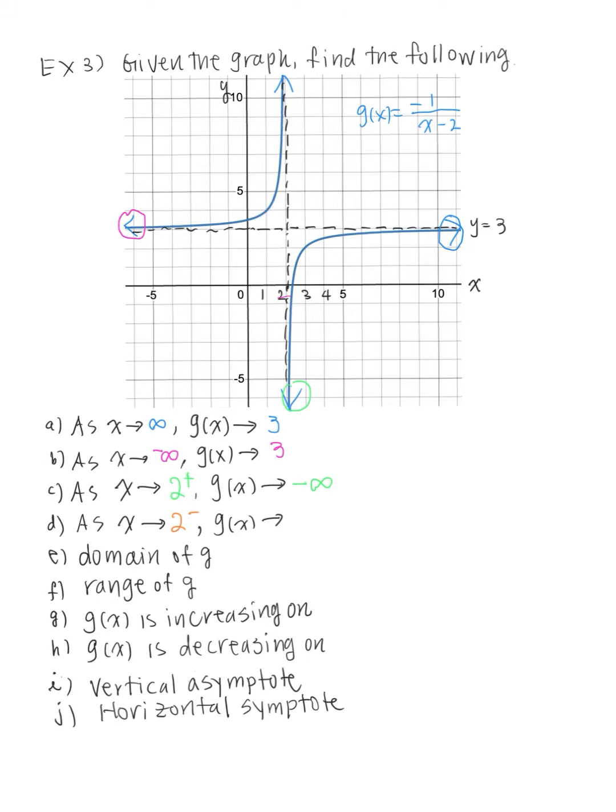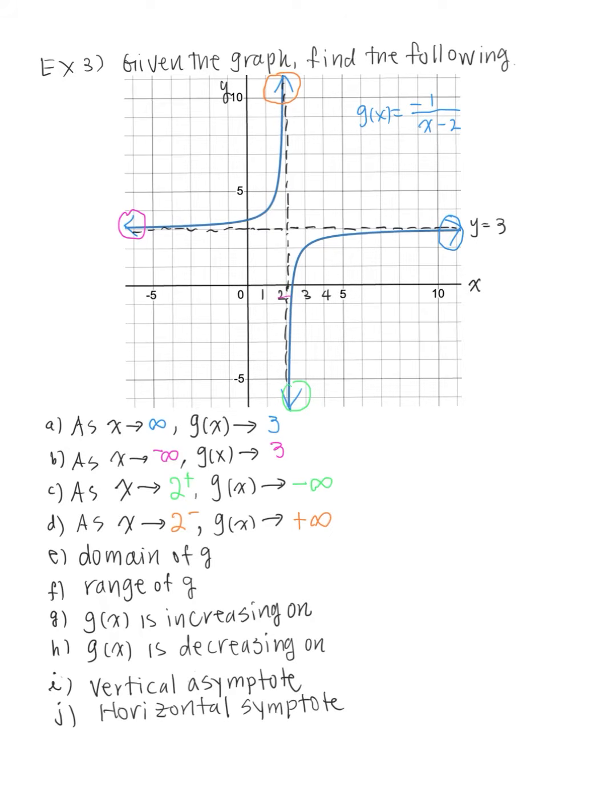As x approaches 2 from the left-hand side, where is the corresponding g of x going? Positive infinity, isn't it? So our answer is going to be positive infinity. What we just did was analyze this tail end of the graph.